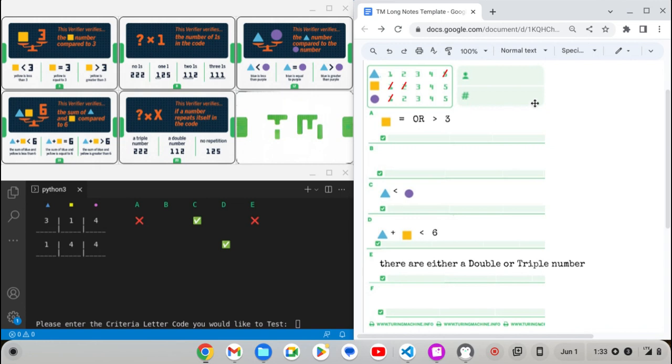Okay, so what can we eliminate? Well, we can eliminate the square being 5, because 5 plus all of these digits are 6 or greater. So we can actually cross out the number 5 for square.